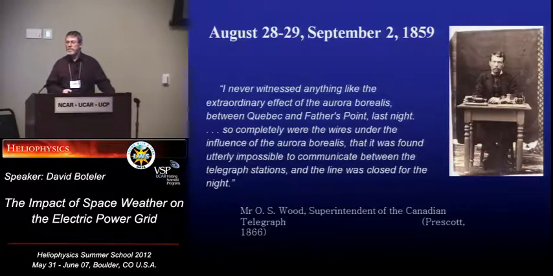So if you can imagine what would happen if the internet went down now because of a geomagnetic storm, everybody would know about it. Well, the telegraph system was the main means for long distance communication, and so when there were problems on it, this was very widely reported.